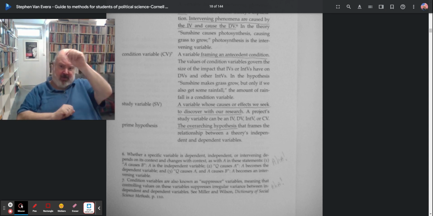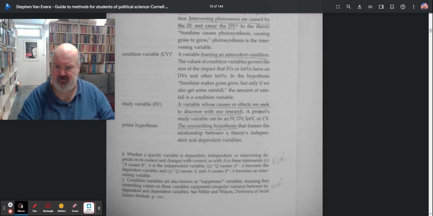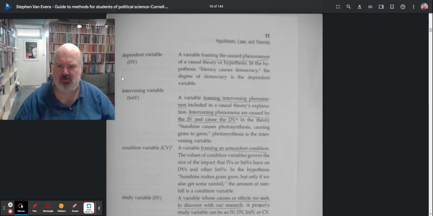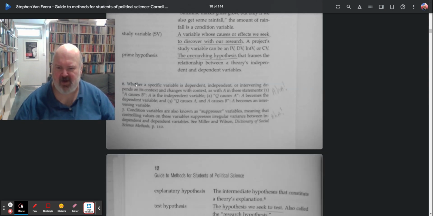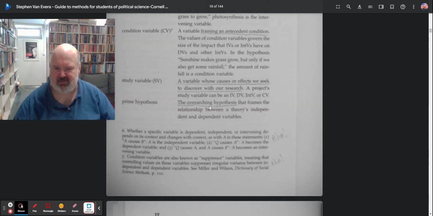Usually you spell out the causation and give an explanation. A hypothesis always kind of acts like a theory in this sense, or some people say a causal law. A prime hypothesis frames the relationship between the independent variable and dependent variable.